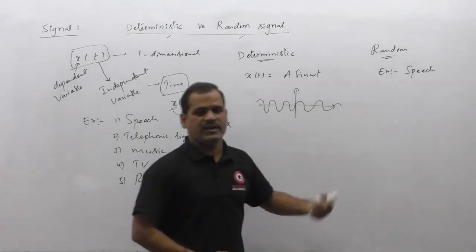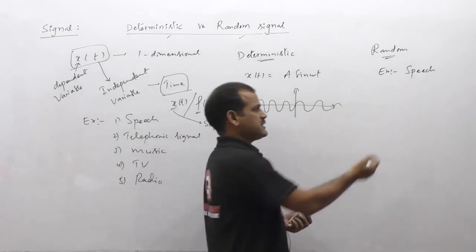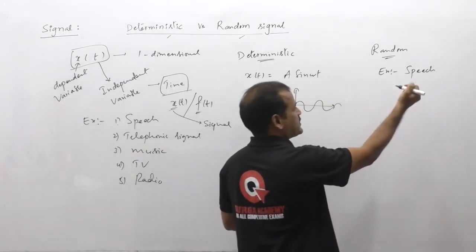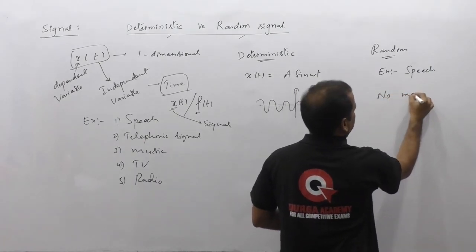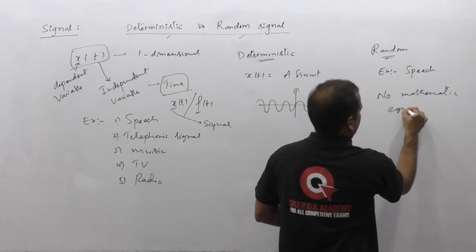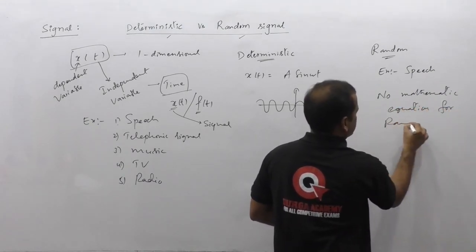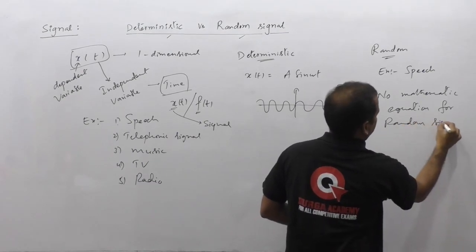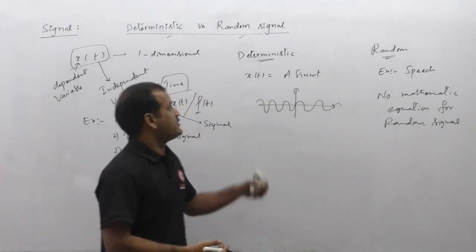Before it actually occurs, we cannot estimate what the value of that signal is. And of course, this cannot be described with the help of any mathematical equation or expression for random signals. In this course, we are going to discuss only deterministic signals here.